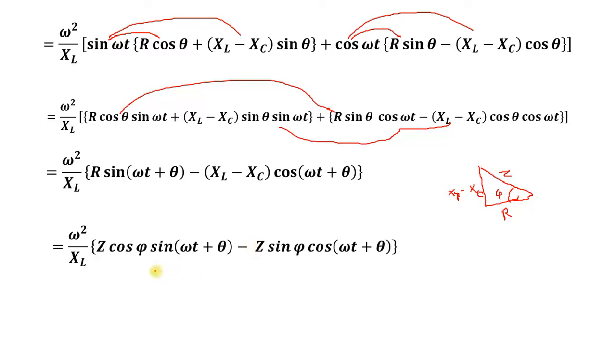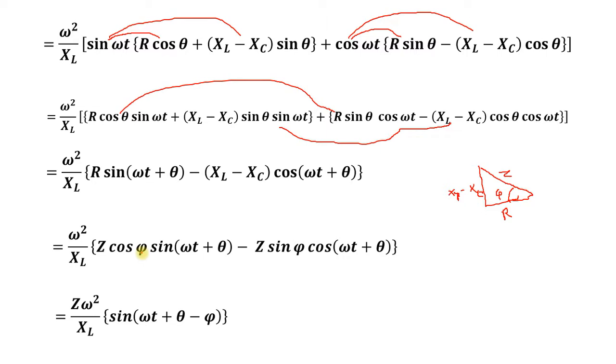And one more point is, it is in the form of sin a cos b minus cos a sin b. So this equation is replaced by sin of a minus b. Here a is nothing but omega t plus theta, and b is nothing but phi. So the final expression looks like this: z into omega square divided by xl into sin of omega t plus theta minus phi.